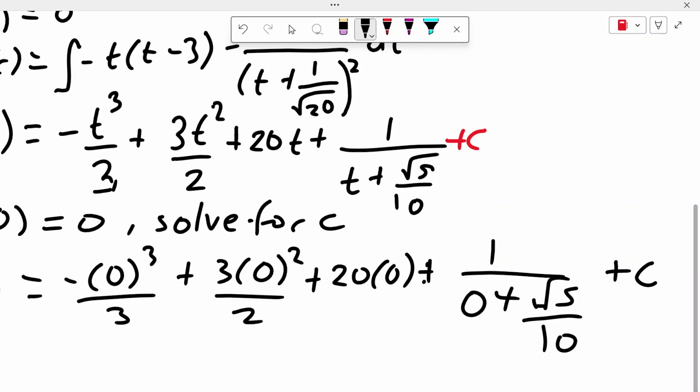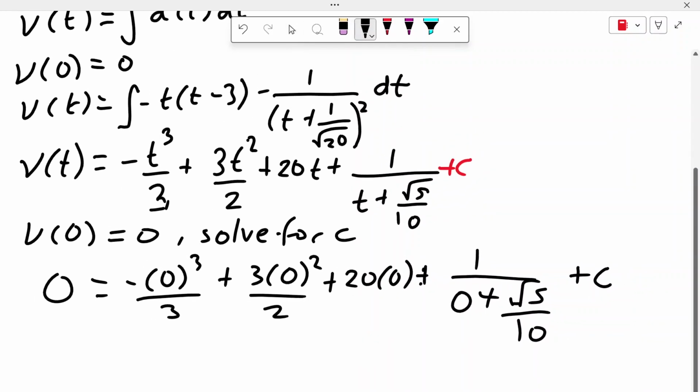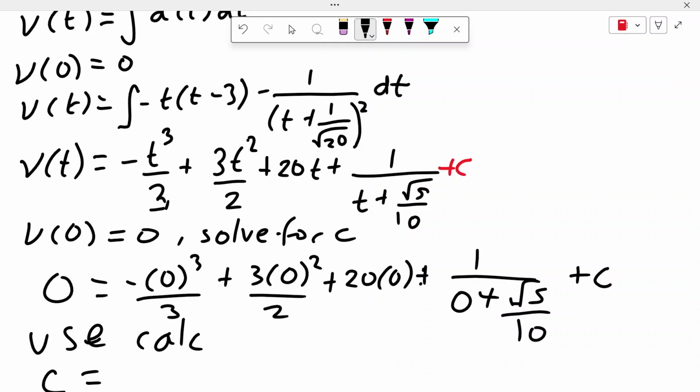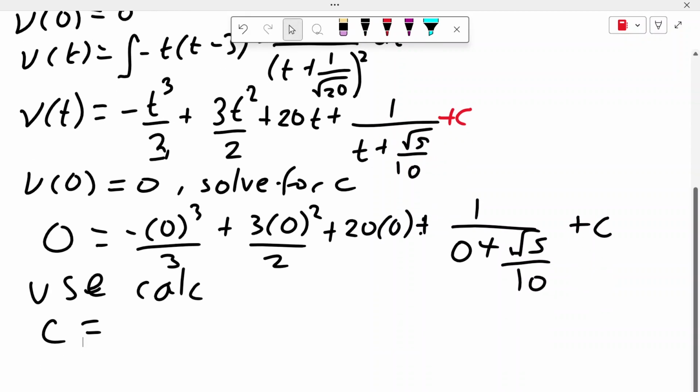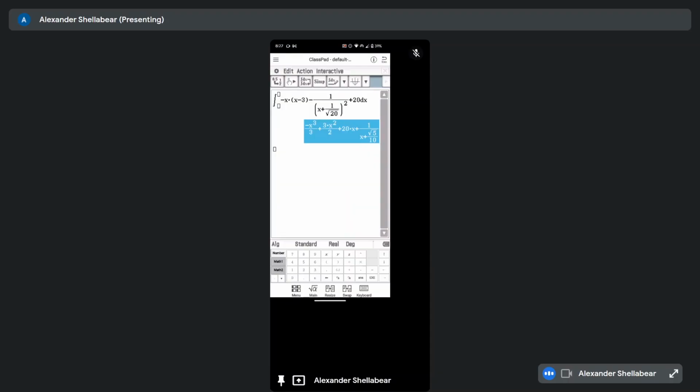Okay, so now we can say use calculator. Okay, and we can say c is equal to, now we're just going to do this on the calculator because it is so much easier.